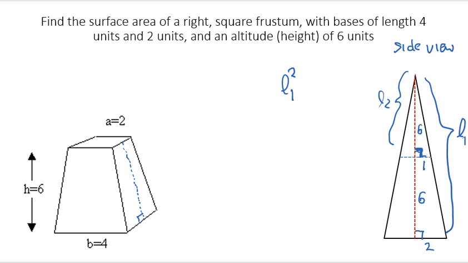By the Pythagorean theorem, L1 squared equals the entire height, 12 squared, plus this leg squared, which is 2 squared. 12 squared is 144 plus 2 squared, which is 4.